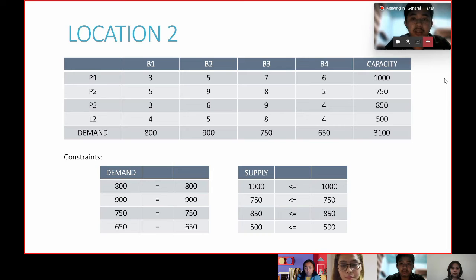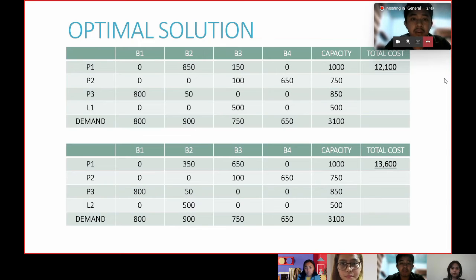Next slide, please. By comparing the total cost of location 1 and location 2, BOM Manufacturing must choose location 1 with 6647 of transportation costs for B1, B2, B3, and B4 respectively for building a new plant because it only costs $12,100.